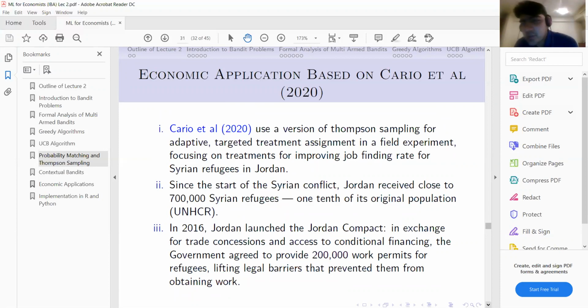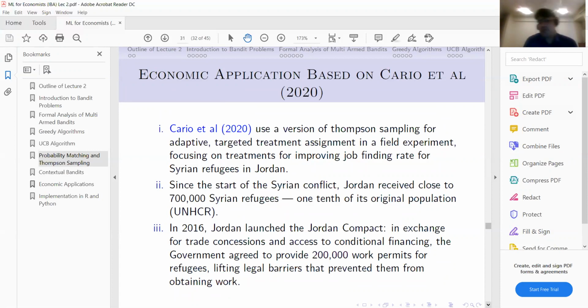The point of this lecture was to introduce the Thompson sampling algorithm, and I'm not going to talk about extensions, but there are lots of extensions of it. They have a slight extension, and a contextual bandit because they're dealing with people. They use these algorithms to improve the job finding rate for Syrian refugees in Jordan. I thought it was really cool.